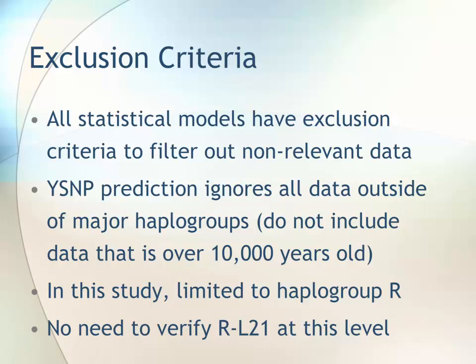So anything that's not connected in the last 10,000 years, such as not being haplogroup R, you can filter out if you're analyzing a haplogroup under R. It just simply does not make sense to include the whole world's haplotree when there's no chance of it being related to you. And also, there's no need to verify L21 anymore because with two variables, the genetic distance acts as a filter to get rid of all the overlap of signatures.